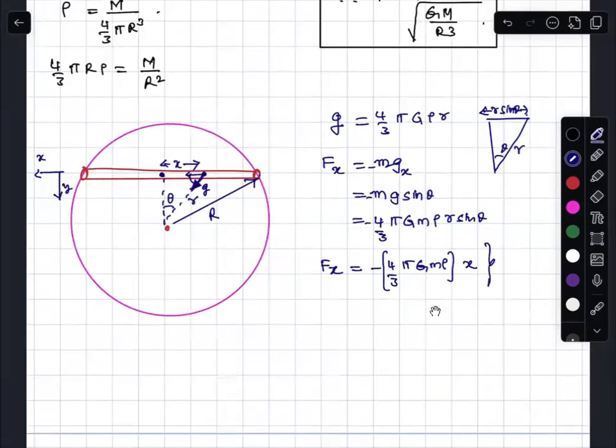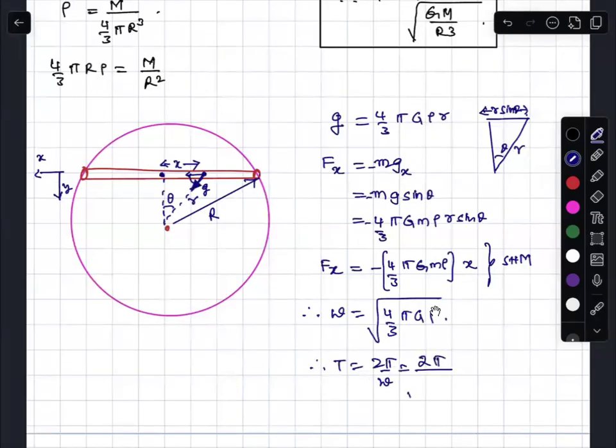What condition will this come under? SHM. Force constant is this. So in this, omega is once again 4 by 3 pi G rho, same as above. So even now, the time period is 2 pi by omega, which is nothing but 2 pi by root of GM by R cube.